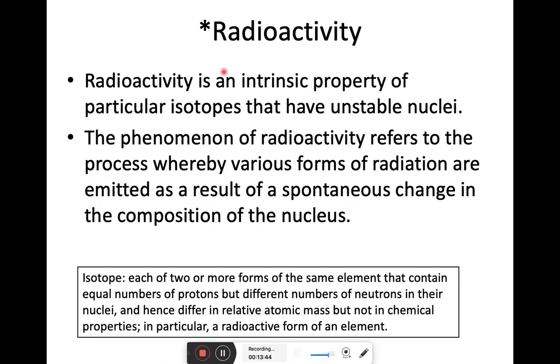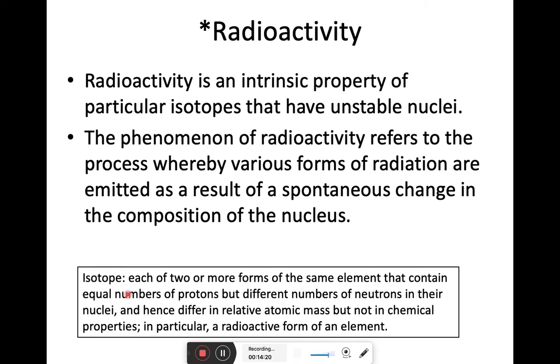Now, in terms of radioactivity, what is radioactivity? Radioactivity is an intrinsic property of particular isotopes that have unstable nuclei. The phenomenon of radioactivity refers to the process whereby various forms of radiation are emitted as a result of a spontaneous change in the composition of the nucleus. This is quite fundamental, so you have to go back to your physics.